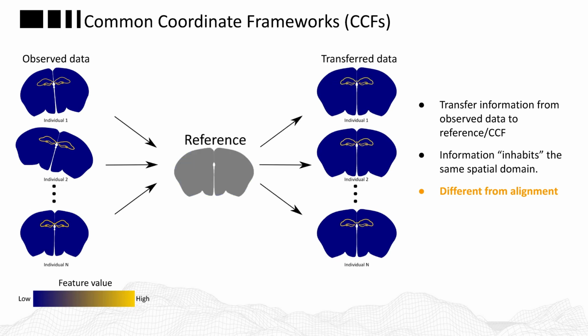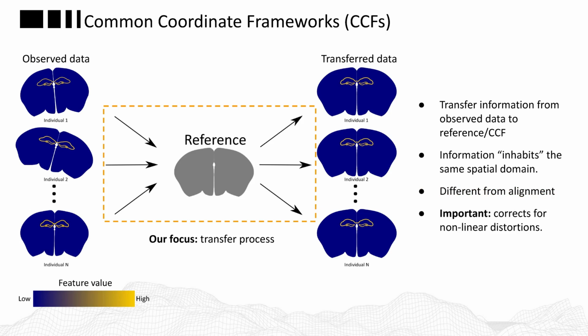So going back to the task of transferring information from the observed data to the reference, in the method that I'm about to present, we singularly focus on this transfer process. What further sets this transfer process apart from the alignment procedure is that we also try to correct for non-linear distortions, such as squeezing or elongation when handling the samples, or perhaps the tissues have just grown slightly differently, because we all know that there is biological variety between different individuals.